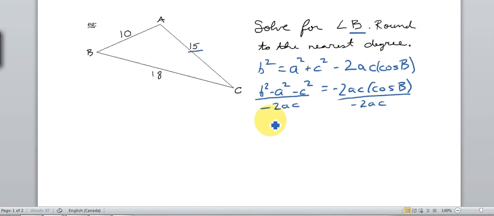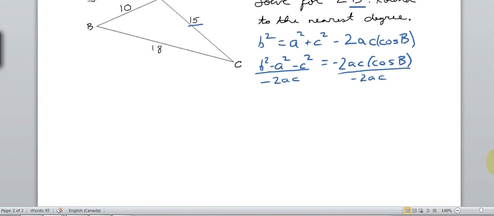Because remember we're solving for angle b, so we want to have this b by itself. So to get it really by itself, we can do the inverse cos. Okay, so let's rewrite this so we can see what we're doing. So b squared minus a squared minus c squared over negative 2ac equals cos of b.